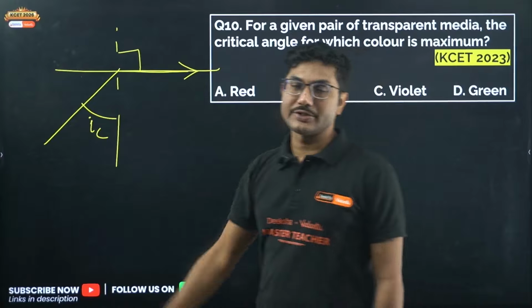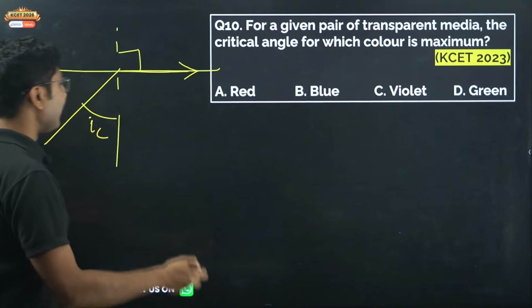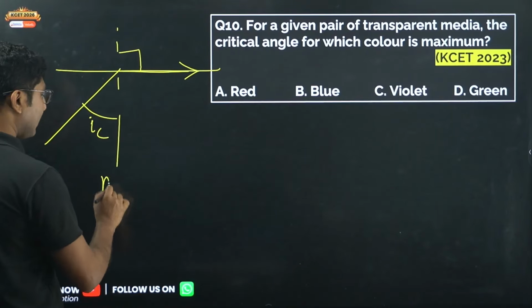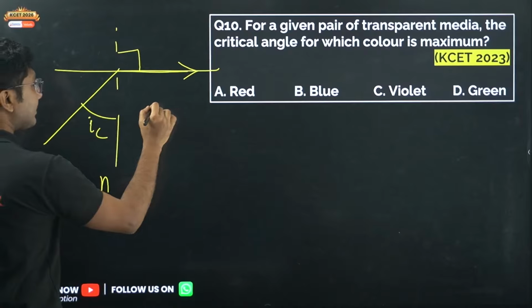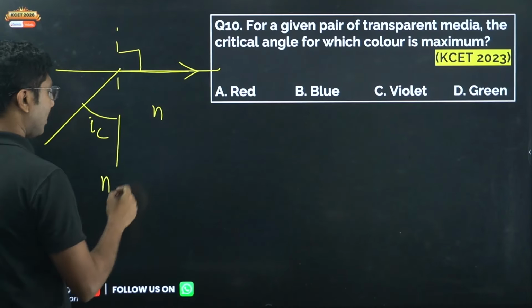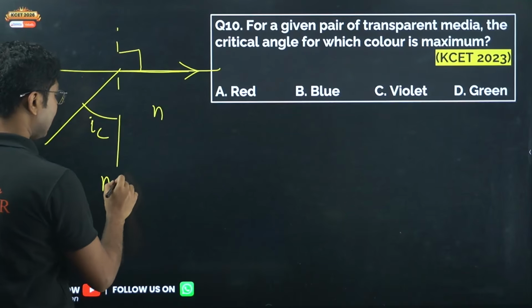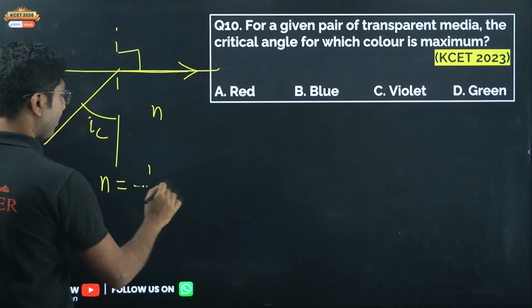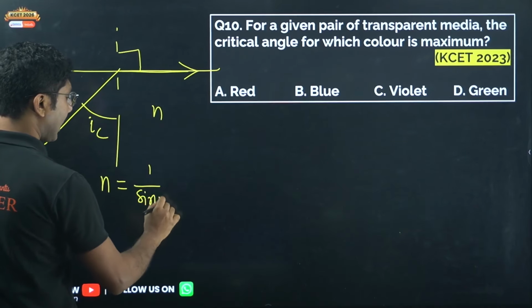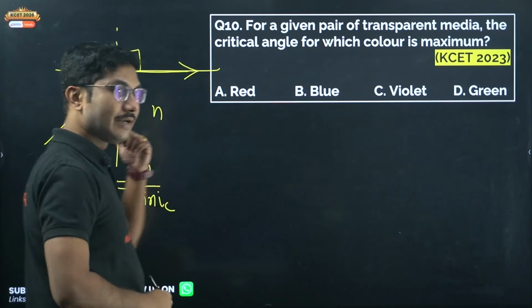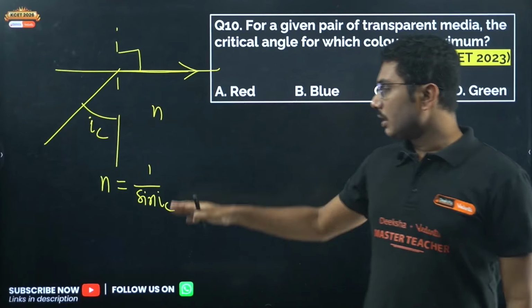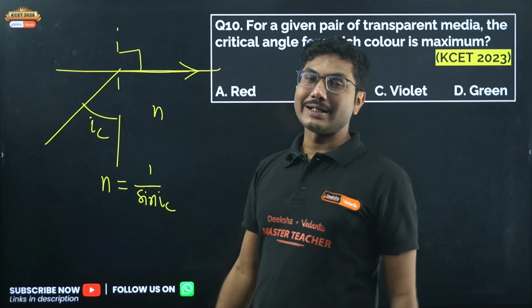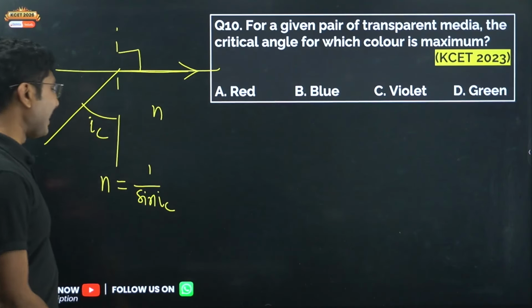This angle of incidence is called the critical angle. And also we know that the refractive index of the denser medium with respect to the rarer medium is given by 1 upon sine iC.